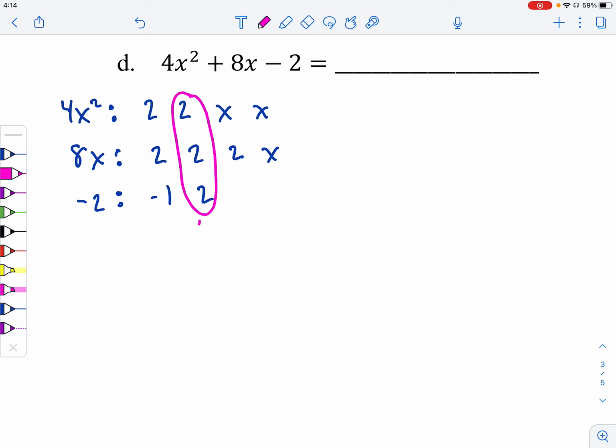So your GCF is 2. That number we put up here, and we make our parentheses a little bit longer because we have 3 terms left. Then we cancel that, and it's gone. Then we look at the leftovers.